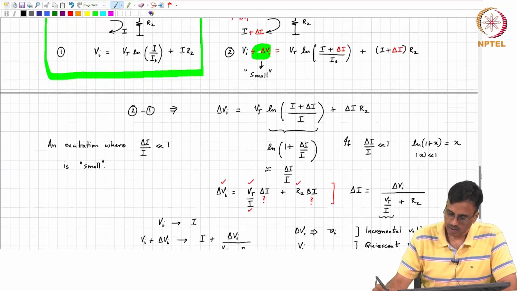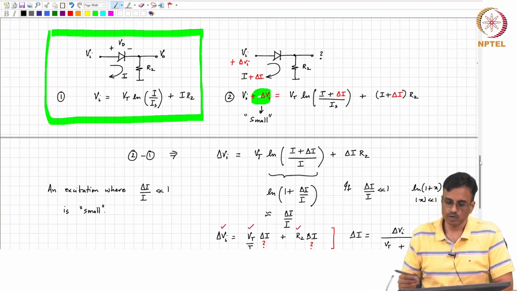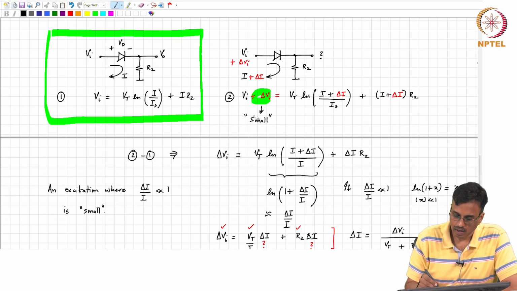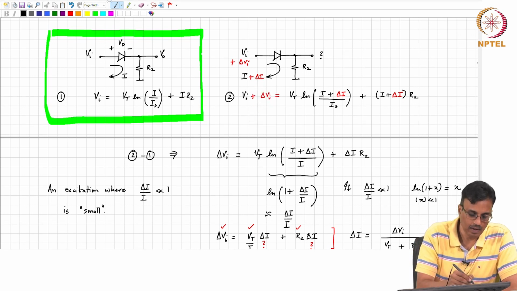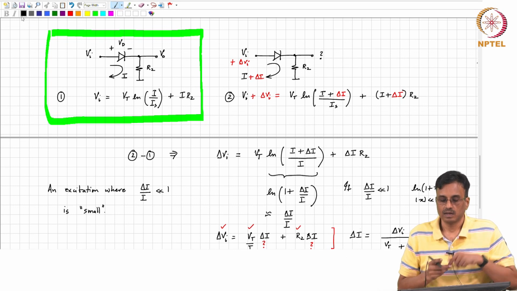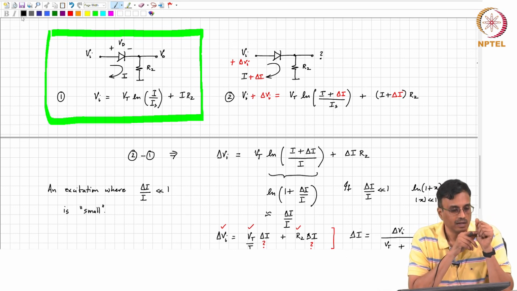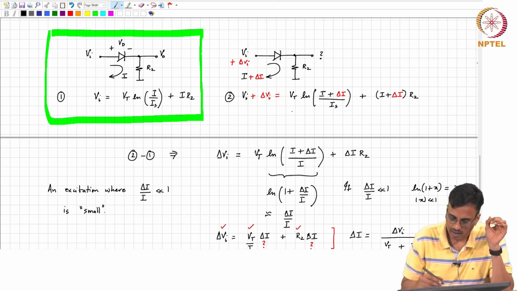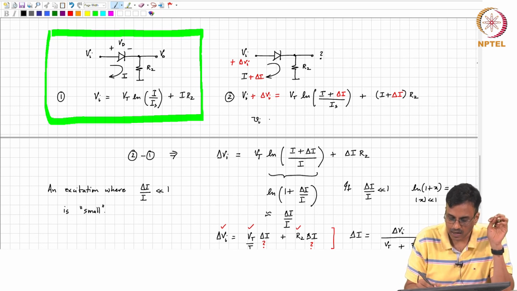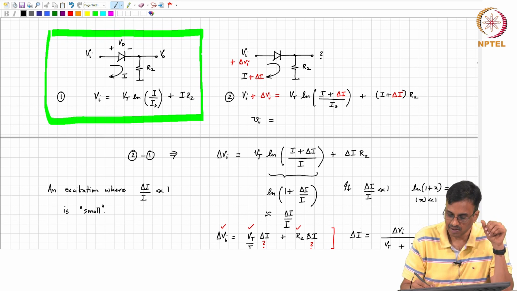So in terms of our new jargon, we can basically say that if that incremental excitation qualifies to be a small signal, then after subtracting equation 2 from equation 1, we basically get small vi, which is nothing but Vt by capital I times small i plus small i times R2.